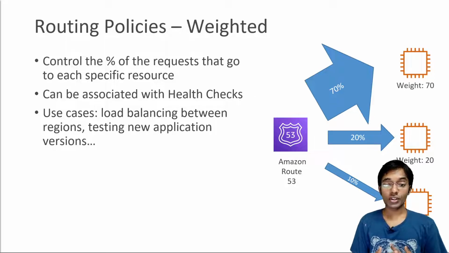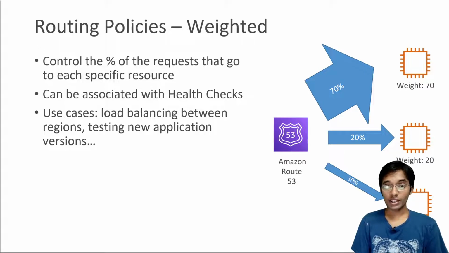This kind of record can be associated with health checks to make sure that we don't send traffic to a resource that is not healthy. The use cases for weighted records are load balancing between regions, testing application versions, and so on.